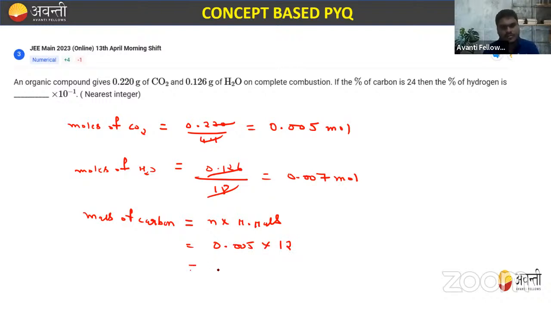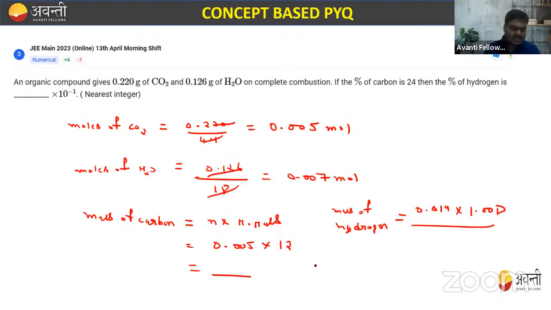Right? So on solving you'll get the value, that is mass of the carbon. Similarly, mass of hydrogen. So how will you calculate the mass of hydrogen? So mass of hydrogen is equal to 0.014 mole multiplied by 1.008 gram. Okay? So this is how you will calculate all this.